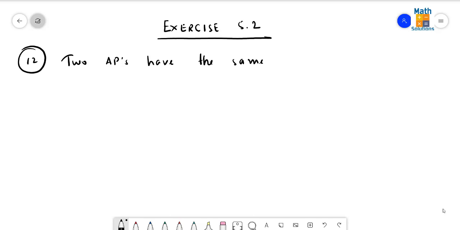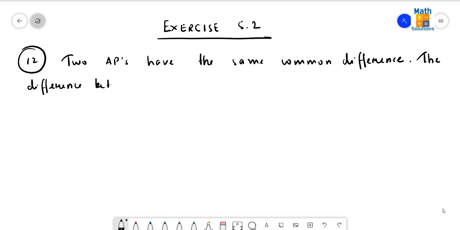The difference between their 100th terms is 100.